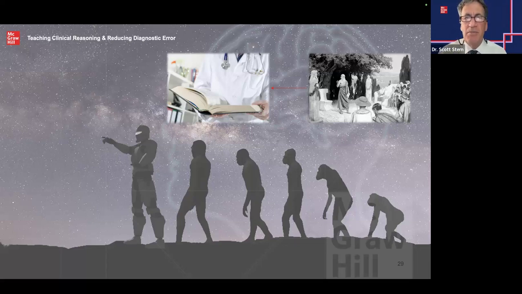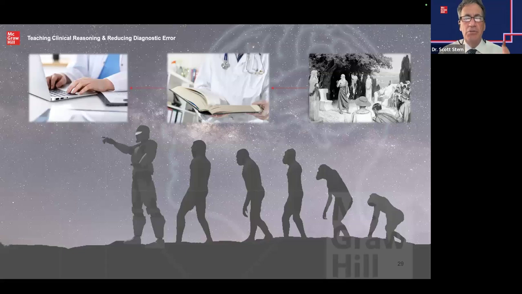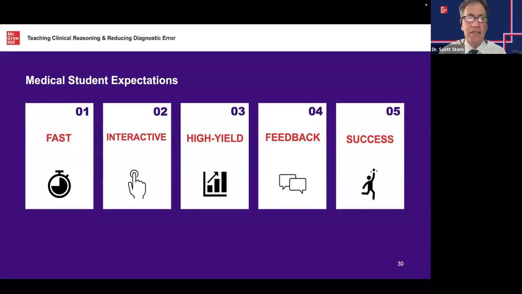I'm sure we all have the same experience. Today is students on the computers, and what they want is information that's fast, interactive, high yield, feedback, and prompts them for success. We might not be ready to teach that way, but we need to understand this is their expectation and we need to meet them where they are if we're going to teach them effectively.